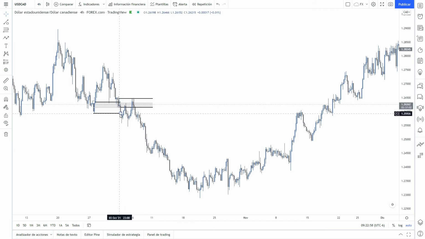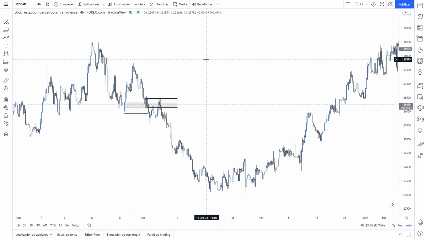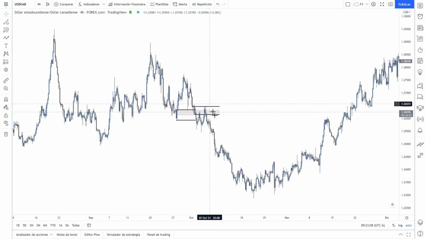See, price dropped, created a new low, price reversed, and then drops again. That's basically a supply level. That's basically a swap zone. This previously was a demand level, but now it became a supply level.